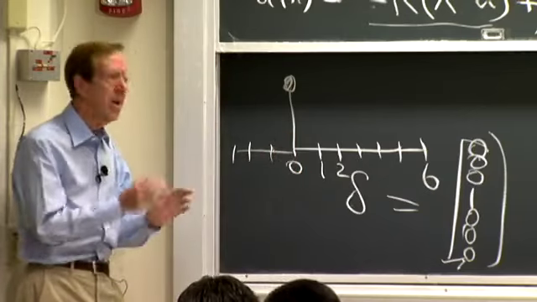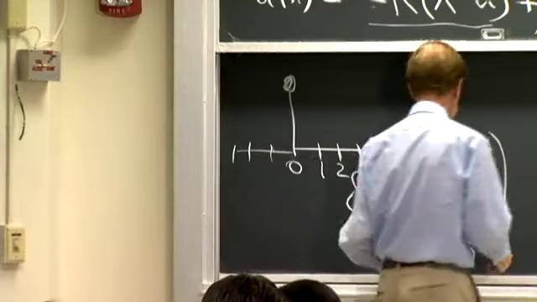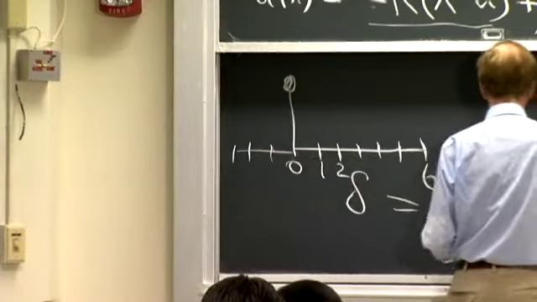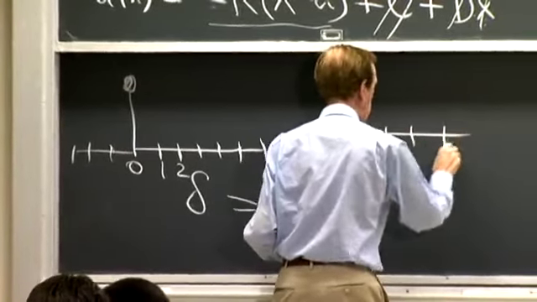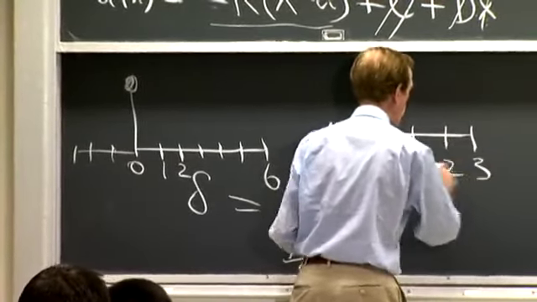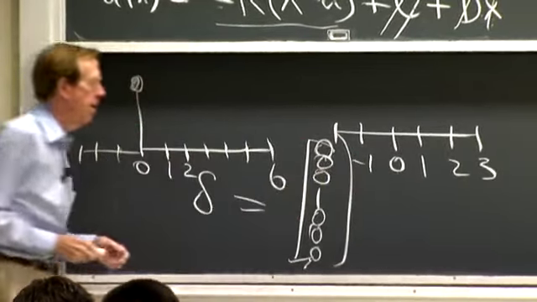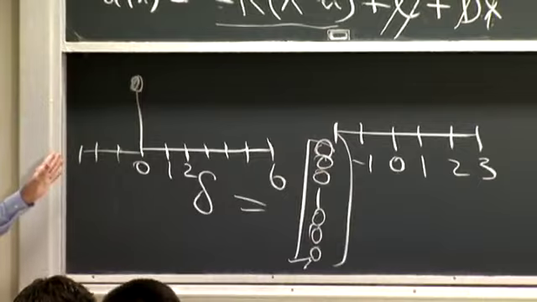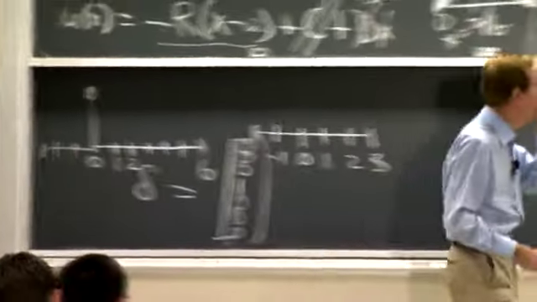All right, what's the next guy? What's my next picture? Again, let me put in 0, 1, 2, 3 onwards, minus 1, and so on. What do I draw second? I always look over here.